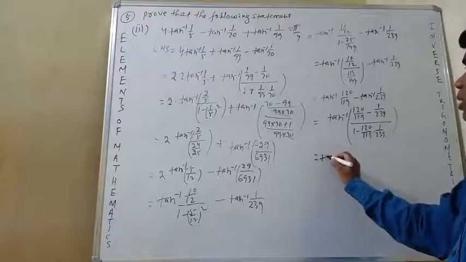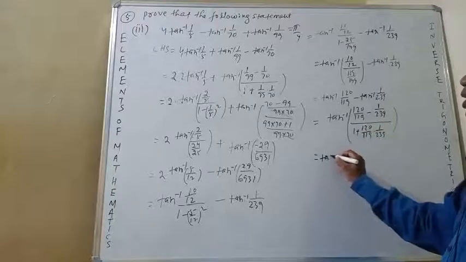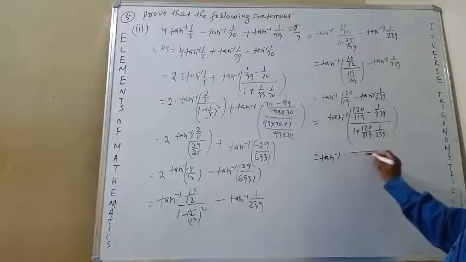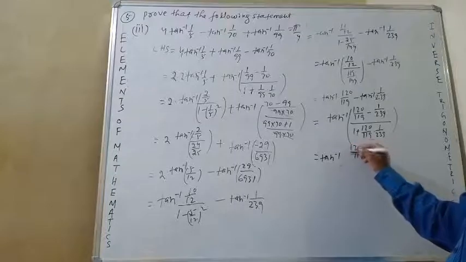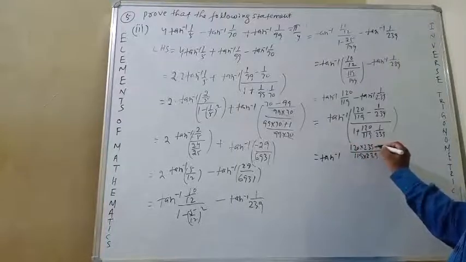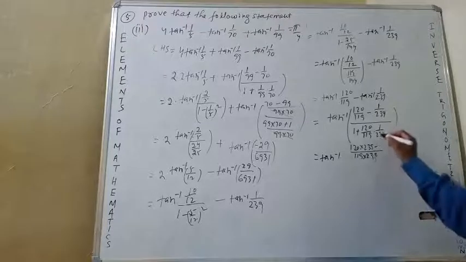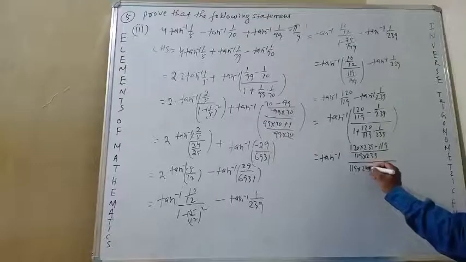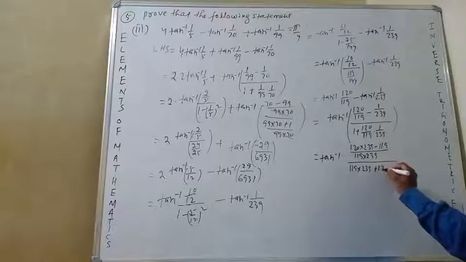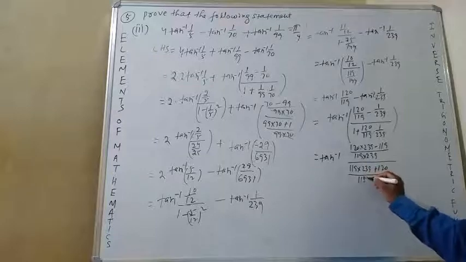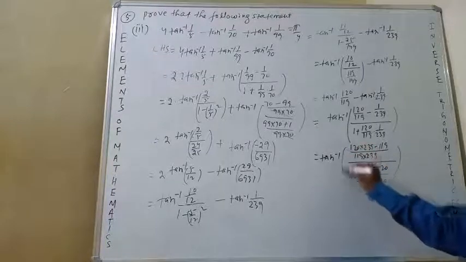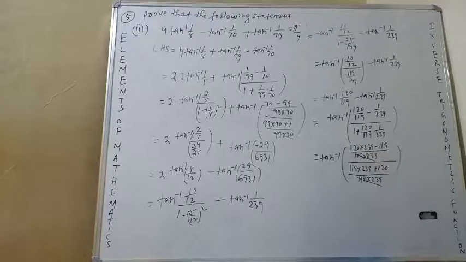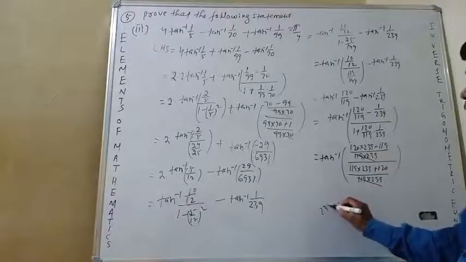Okay, the LCM is 119 into 239, so this is 120 into 239 minus 1 into 119, divided by 119 into 239 plus 120. These two will cancel out, so 239 into 120.